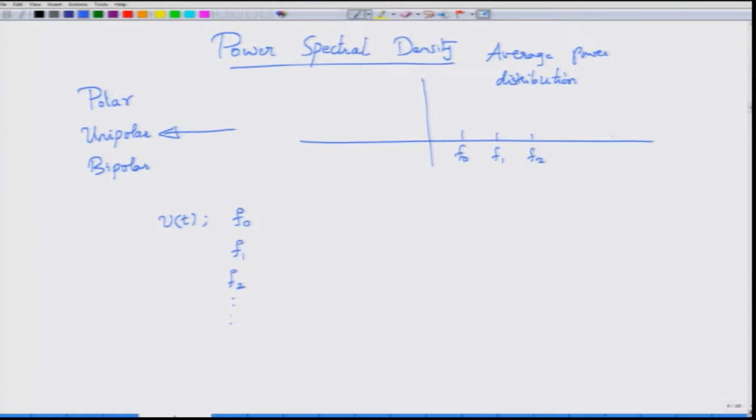If you see the power spectral density going something like this, it tells you the average power associated with the f0 component is so much, with f1 is this, and with f2 is this one. Because there are an infinite number of frequencies, it is better to work in the continuous domain; in fact, power spectral density is usually a continuous quantity which tells you how the power is distributed.